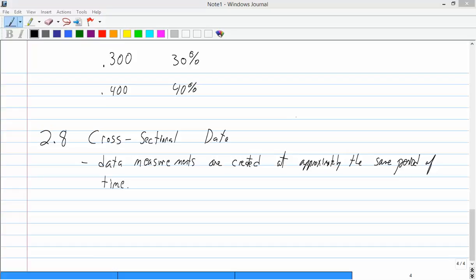But somewhere like the United States or the United Kingdom, it says they were both 78. So data that's taken at the same time from different places would be a set of cross-sectional data. And so that is actually the end of chapter 2.